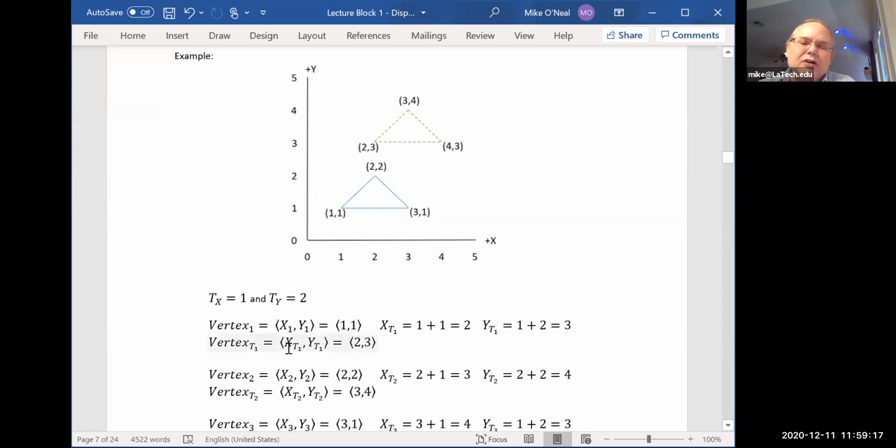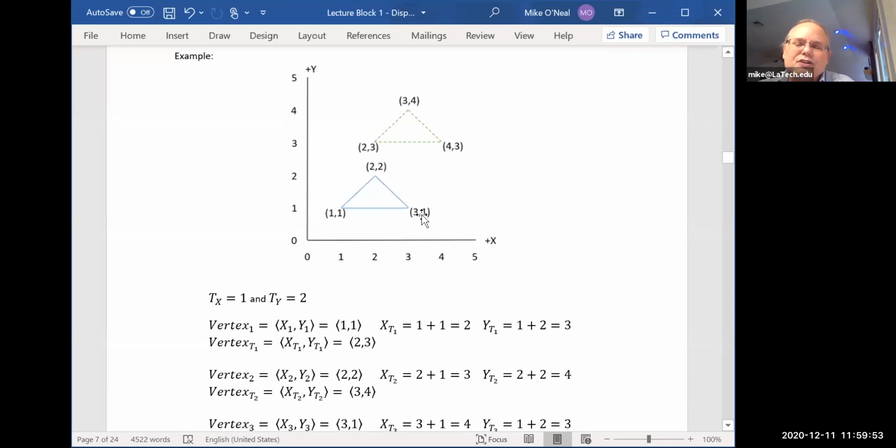If I apply the equations, (1, 1) becomes (2, 3), because you add 1 to x and add 2 to y. How about (2, 2)? Add 1 to x, add 2 to y: 2 plus 1 is 3, 2 plus 2 is 4, so (2, 2) becomes (3, 4).